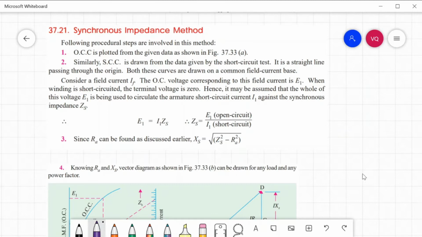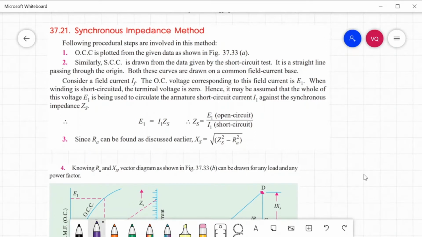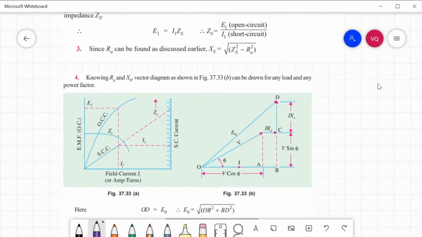It is a straight line passing through the origin. Both these curves are drawn on a common field current base. So on the left side is the EMF, open circuit, and on the other side is the short circuit current. So this will be your synchronous impedance.